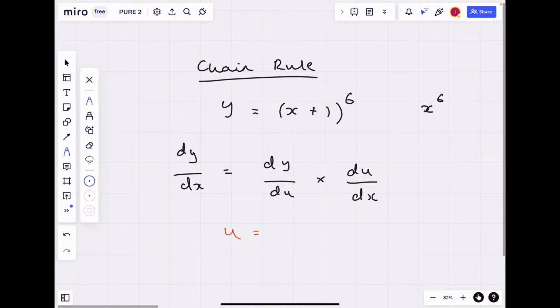The reason why this is difficult is because of the x plus 1. The plus 1 is making things complicated. So you can have a substitute and make u equal to that x plus 1, and then you can rewrite your function as u to the power of 6. Now you can work out dy by du, you can work out du by dx, and then times it together. Done. Nice and easy. Okay?